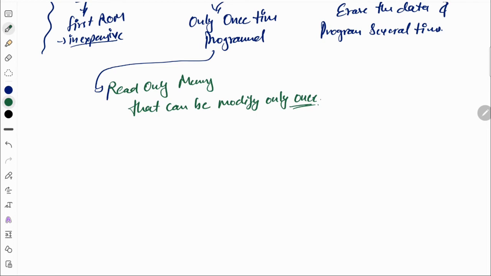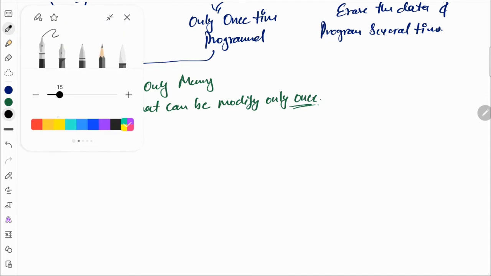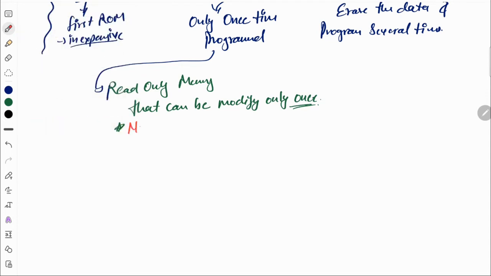The user buys a blank PROM and enters the desired content using a PROM program. Inside the PROM chip, there are small fuses which are burnt open during programming. It can be programmed only once and it is not erasable.